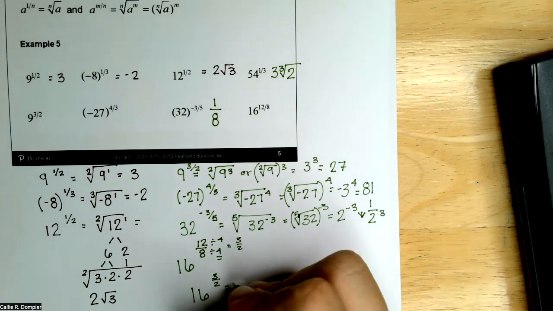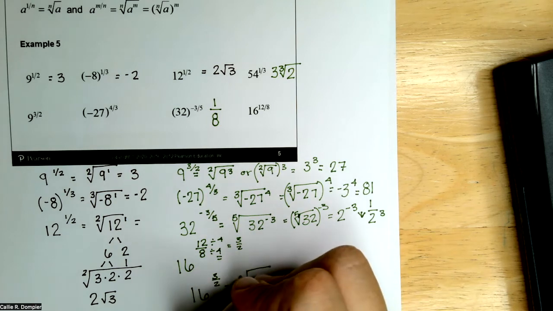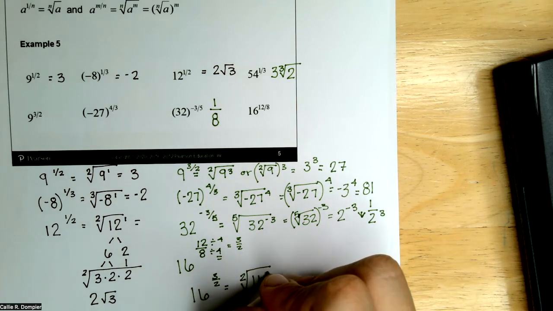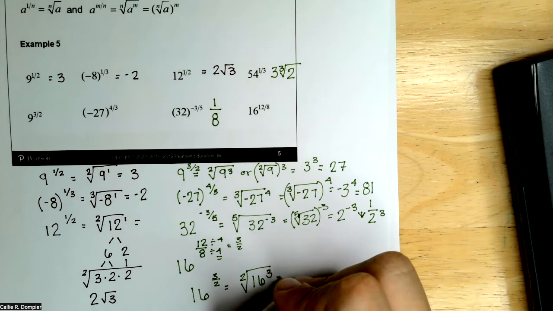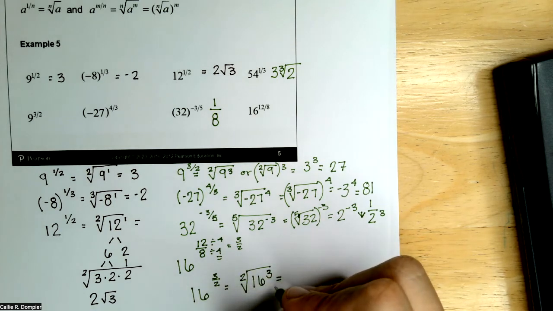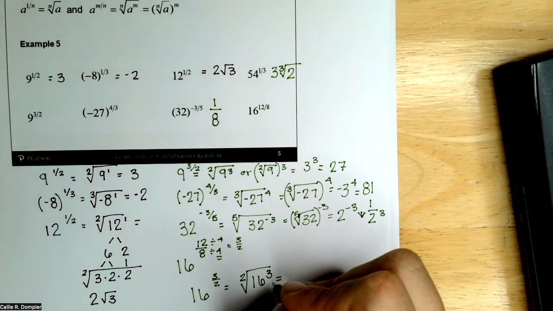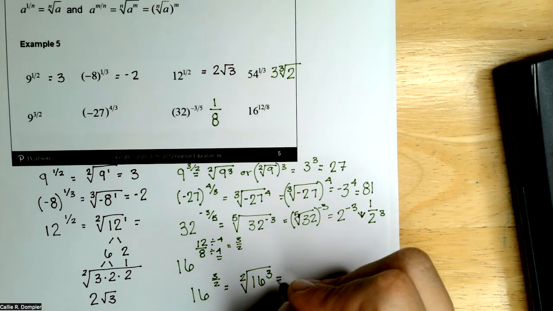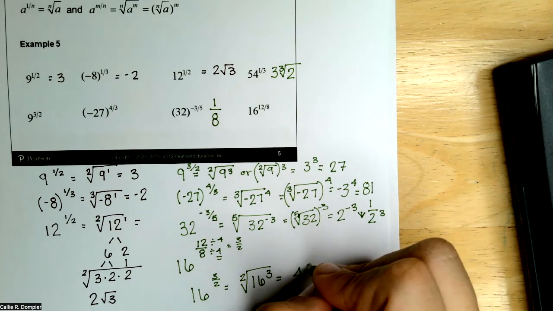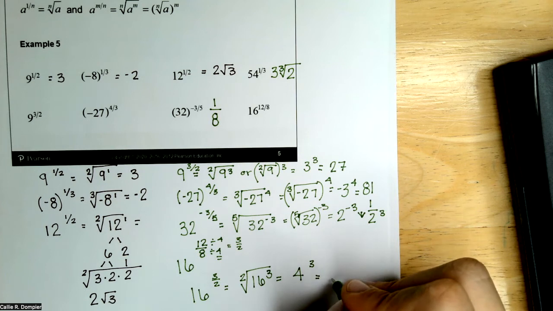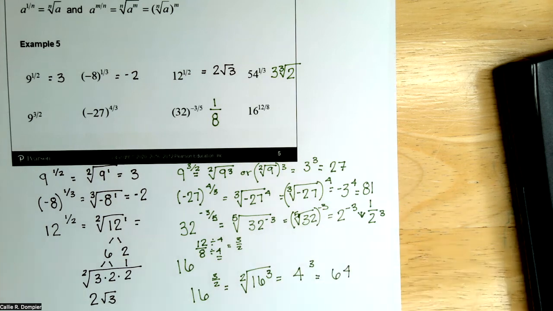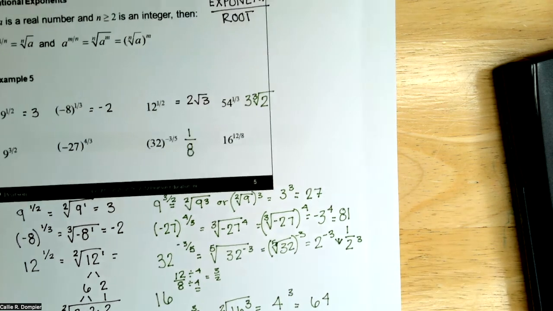A little bit easier now. So my index is 2, my base is 16, my exponent is 3. The square root of 16 is 4, right? And 4 to the third is 64.